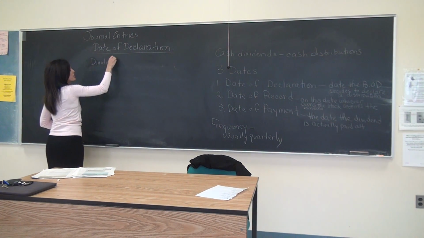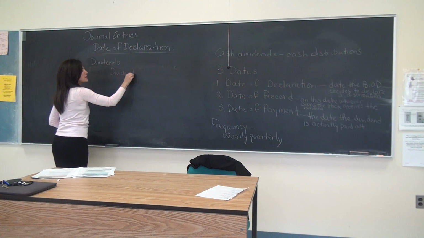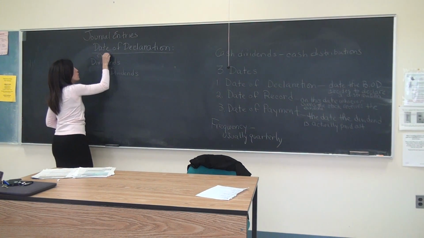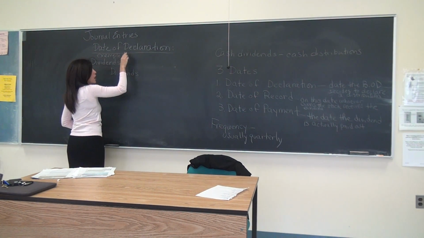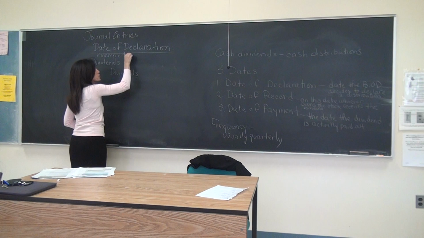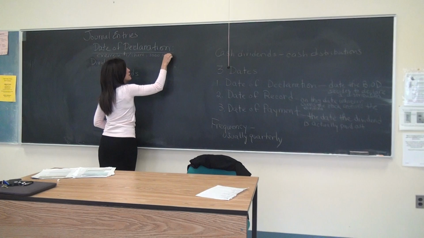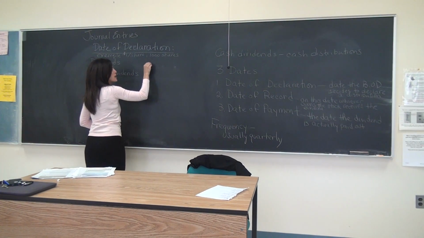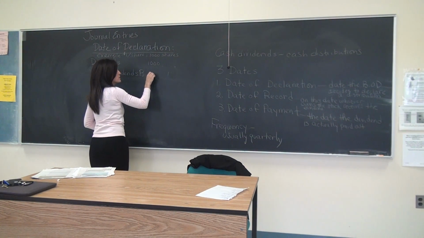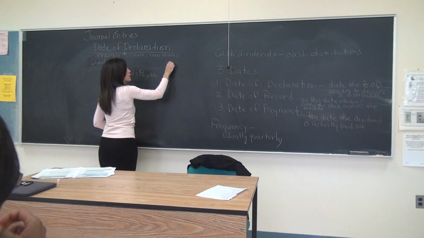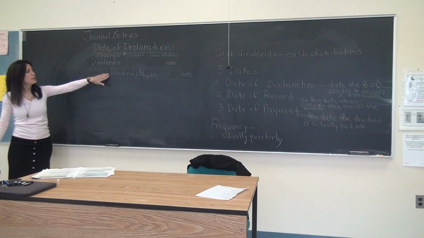It could also be cash dividends. And we credit dividends payable. Let's say the dividend is, for example, $1 per share, a high dividend, and there are 1,000 shares. To make the example simple, we debit dividends 1,000 and we credit dividends payable 1,000. So now the board of directors has established a liability.